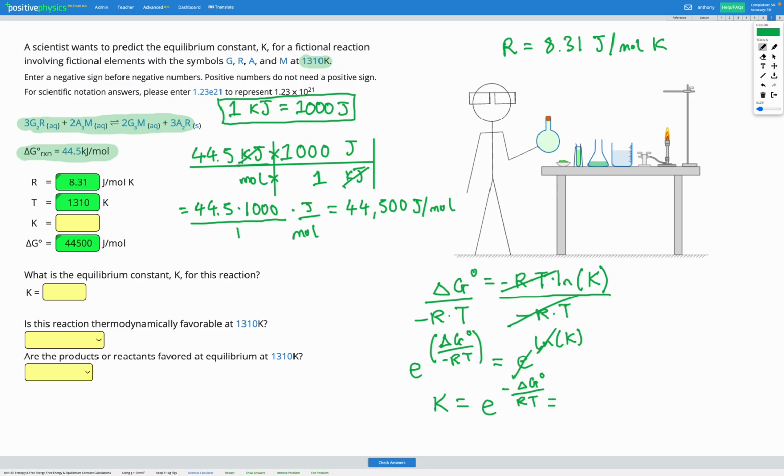So let's go ahead and put our numbers in. E to the power of negative 44,500 divided by R, the molar gas constant, which was 8.31, multiplied by T, which was 1310 Kelvin. So if we put that into our calculator, we get 0.0168 for our equilibrium constant K. Let's go ahead and fill that in.